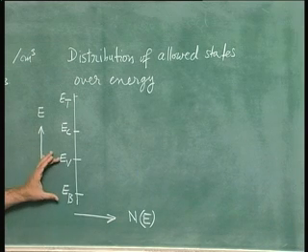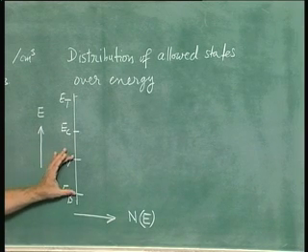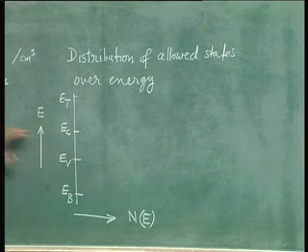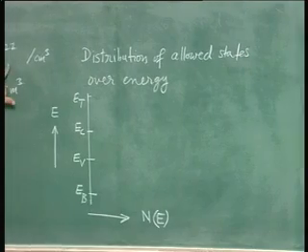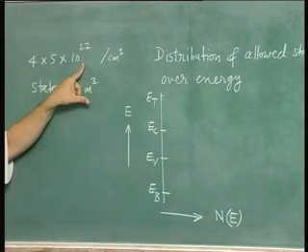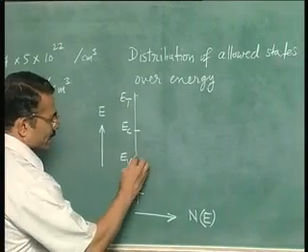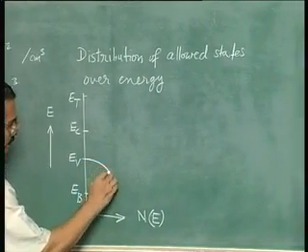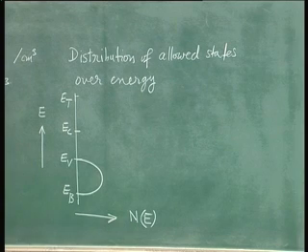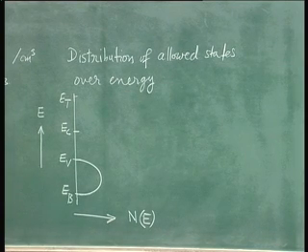So EB to EV is one allowed band. These 4 into 5 into 10 power 22 electrons are an equal number of states. It is found that they are distributed as follows. The distribution function looks something like this.